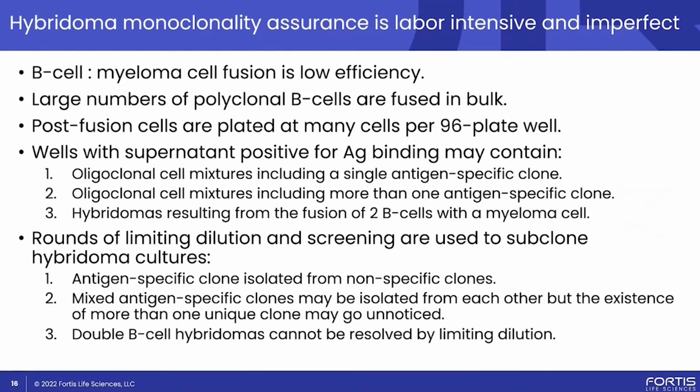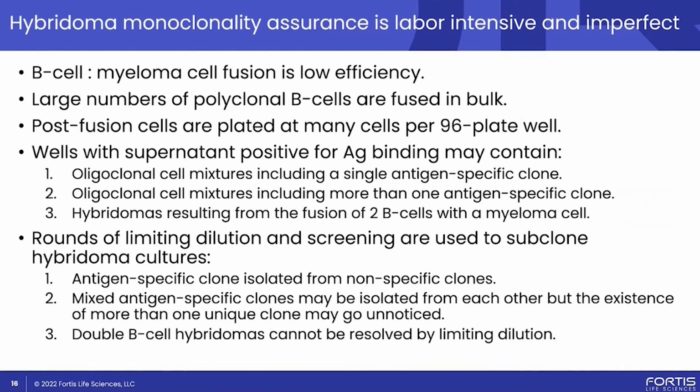So you would achieve monoclonality for the antigen-specific clone. In the case of mixed antigen-specific clones, you may very well achieve monoclonality of each hybridoma clone in different wells, but you won't necessarily be able to tell the difference. So you'll have individual subclones that are antigen specific, but it won't be obvious that it's actually 2 different clones.